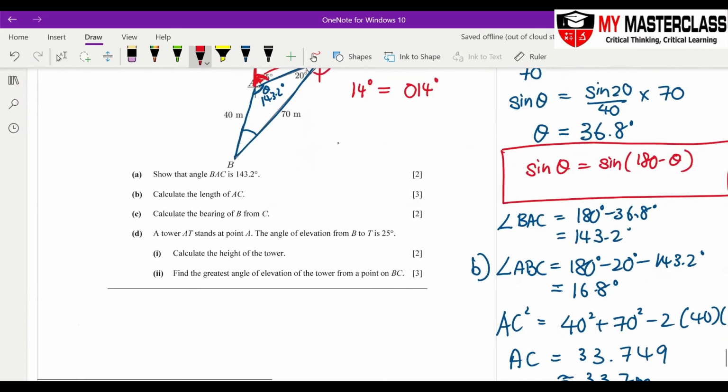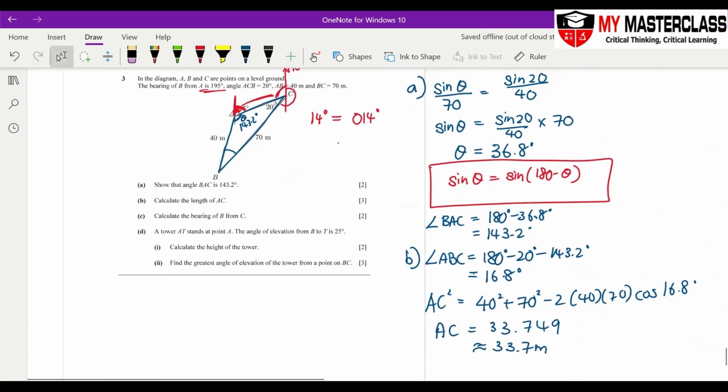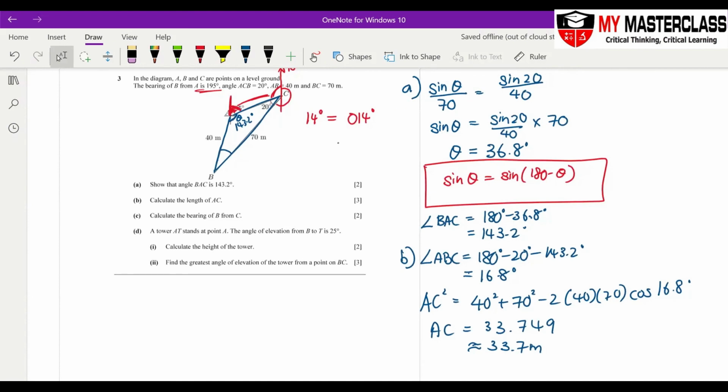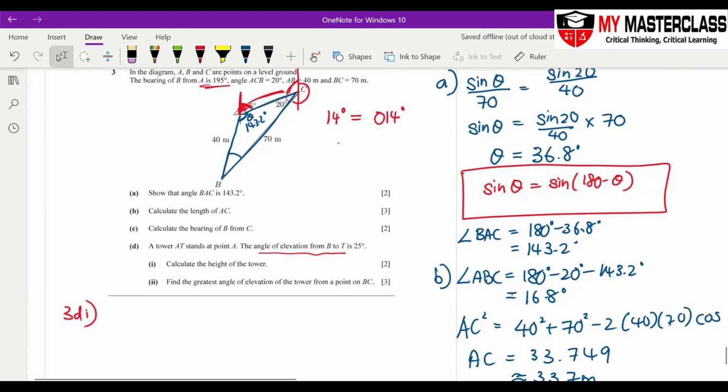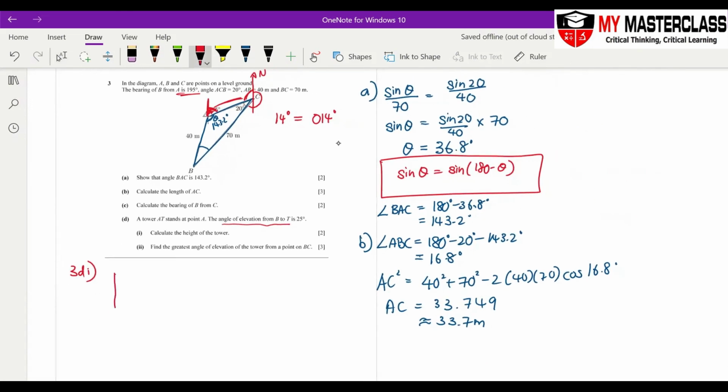Let me talk about the last one, which you're asking me about. A tower stands at point A. The angle of elevation from B to T. The way to do an angle of elevation kind of question is, write down for me, 3D part 1: you must know that T is on top of A. That means it looks like this.